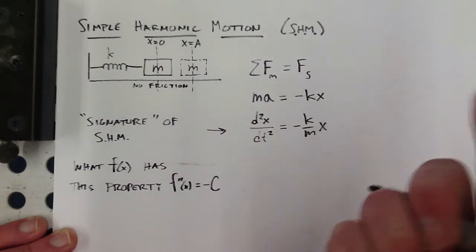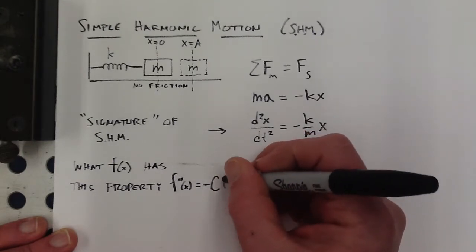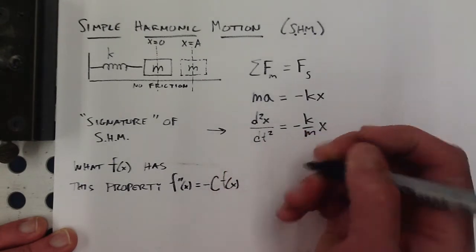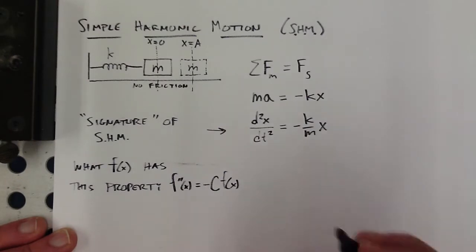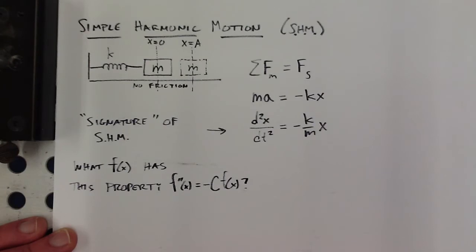In this case, the constant was k over m, but I want it to be as general as possible. Some constant times the original function. What function or functions have that property?